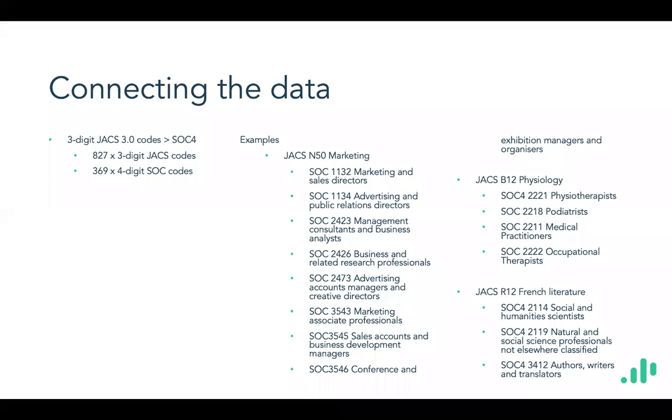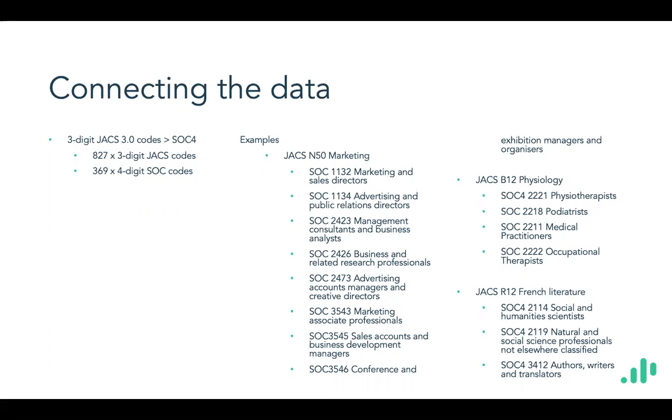And you might then be looking at the graduate occupations within those industries. So that's something we can look at the data for a bit later. But there are different ways you can make these links, but here is the mapping. And you can see on the slide that we've got some example occupations that we've mapped JACS N50 marketing programs to.